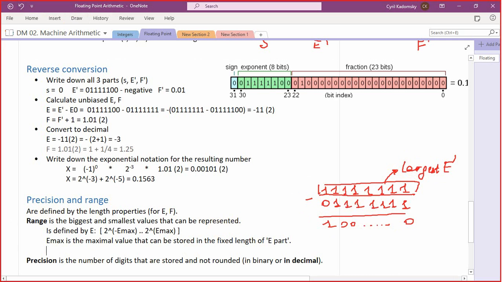The maximal exponent is 2 to the power of the length of the exponent minus 1, because here it is 2 to the power of 8 minus 1.